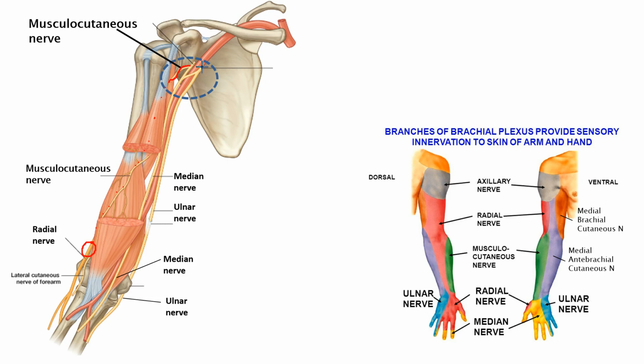So the medial brachial cutaneous nerve, or the medial cutaneous nerve of the arm, comes off the medial cord and innervates the medial arm, as we see here. The medial antebrachial cutaneous nerve generally innervates the forearm, although in this image we see it coming up right along the ventral arm itself.